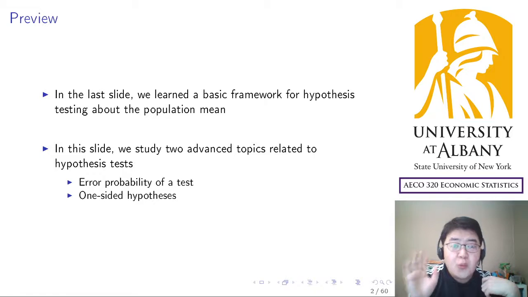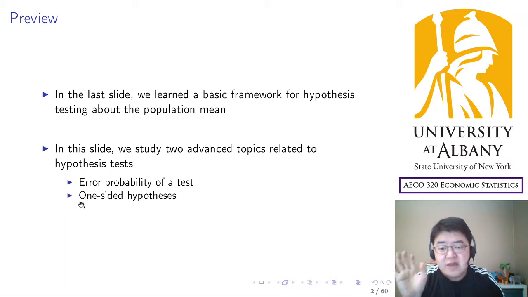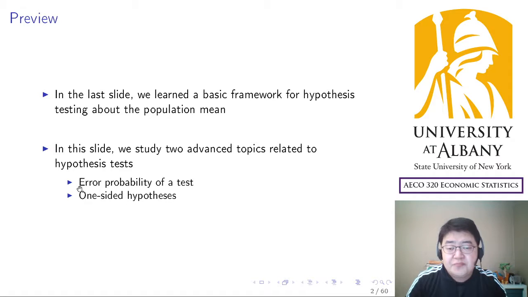But we may use inequality. So in this chapter, we will consider one-sided hypotheses, which involve inequality rather than equality or the negation of equality. Anyhow, these are the two main topics in this chapter, and we will study them one by one.